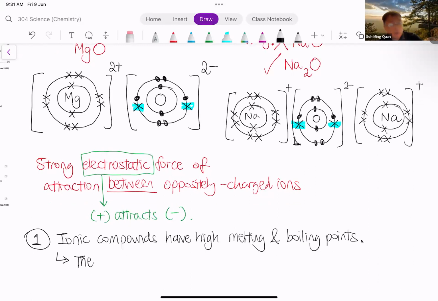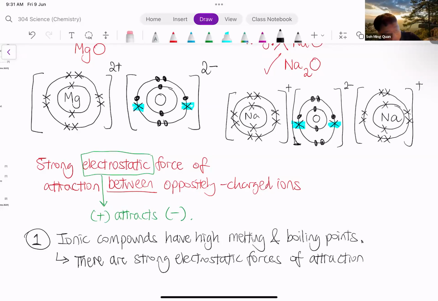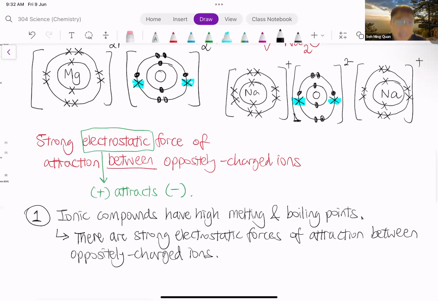So ionic compounds all have very high melting and boiling points because there are strong electrostatic forces of attraction between the oppositely charged ions. Oppositely charged means positive and negative ions. So you must be able to link the concept of melting and boiling to overcoming forces of attraction. These forces of attraction are called strong electrostatic forces of attraction between ions.